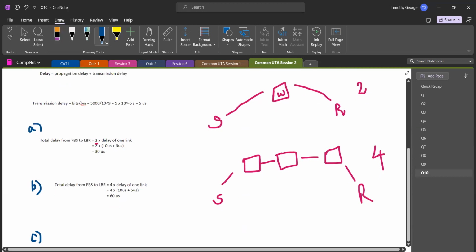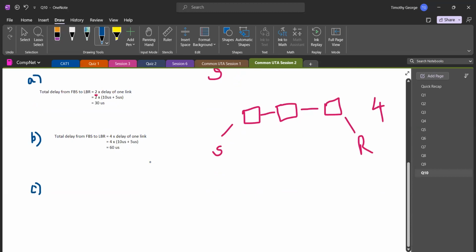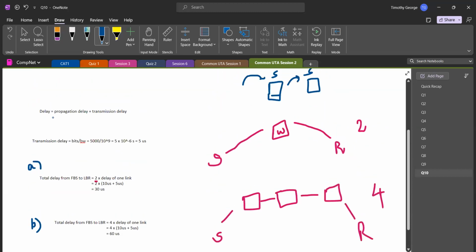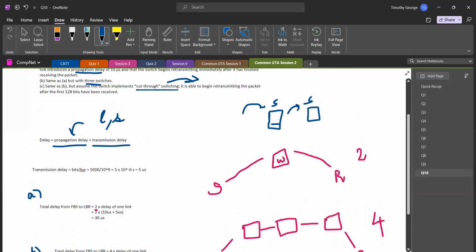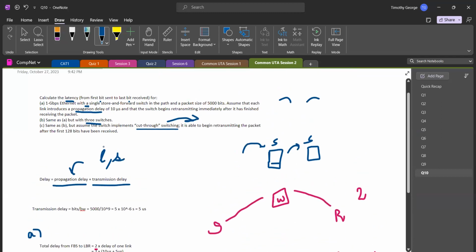So what does this mean in the network? To understand that, we need to look at these two delays. What is propagation delay dependent on? The length and the speed. Are any of these changing in cut-through switching? No. So propagation delay is still the same: how long the wire is won't change, and the speed of light won't change.